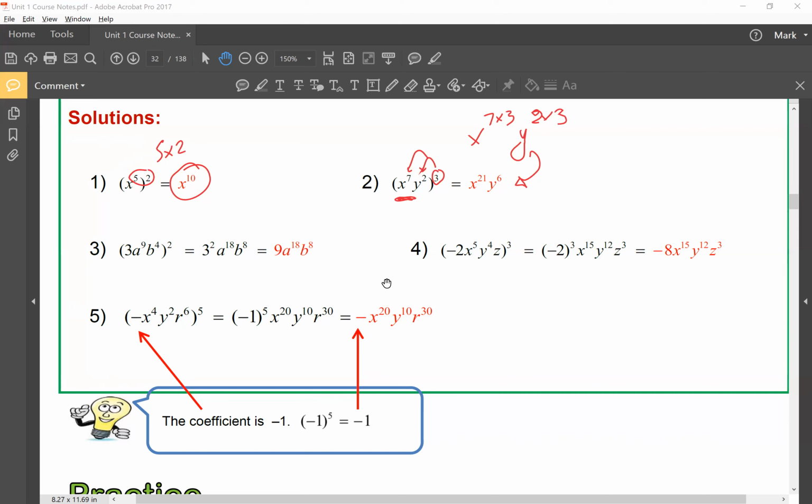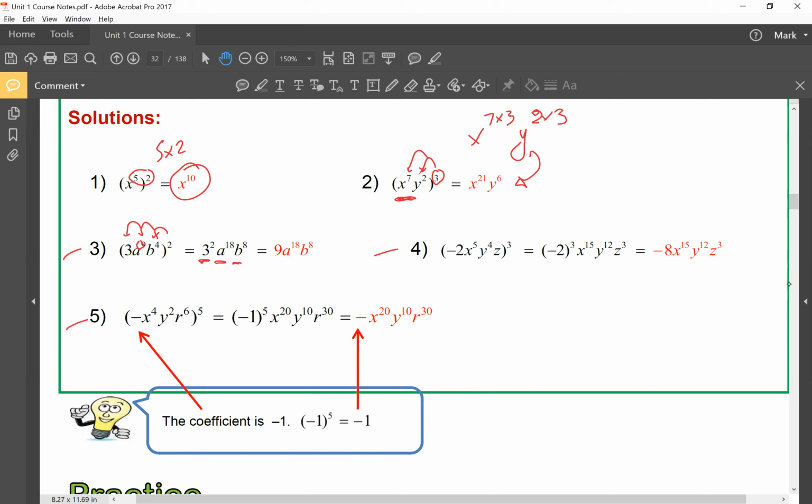Okay, so let's do 3, 4, and 5 real quick. For number 3, before I do anything, I need to distribute this squared out. So it becomes 3 squared, a to the 18 and b to the 8, right?